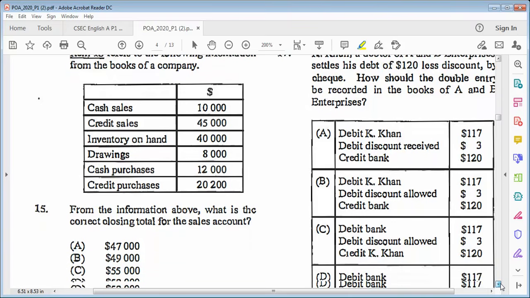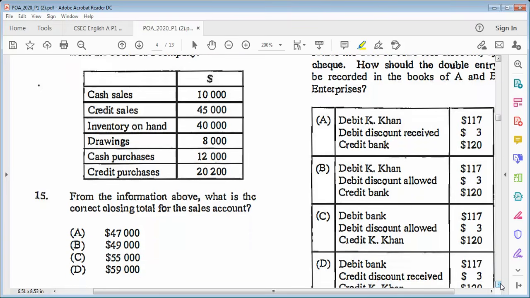Question says, from the information above, what is the correct closing total for the sales account? A, $47,000, B, $49,000, C, $55,000, or D, $59,000.